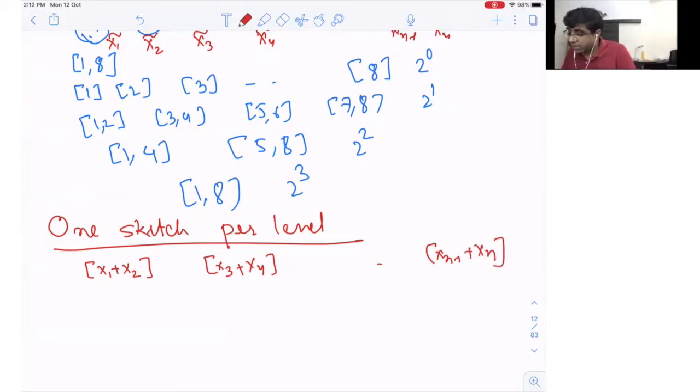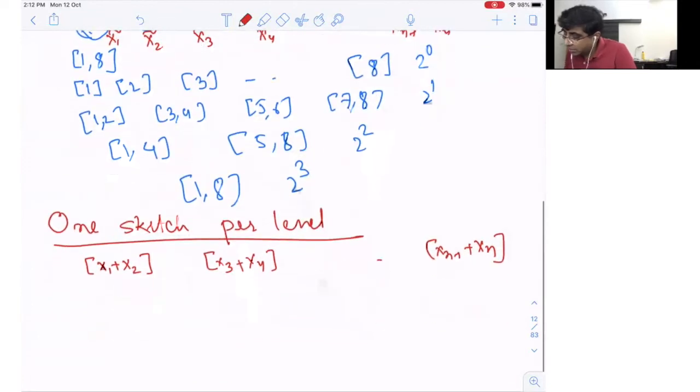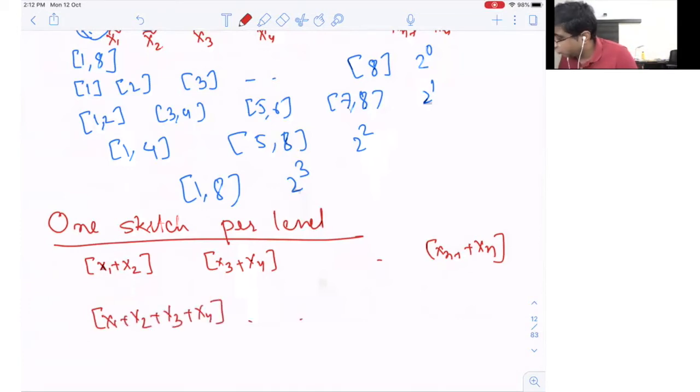So this is what the second level will do. What will the third level do? It will give me an estimate for x1 plus x2 plus x3 plus x4, and so on and so forth.